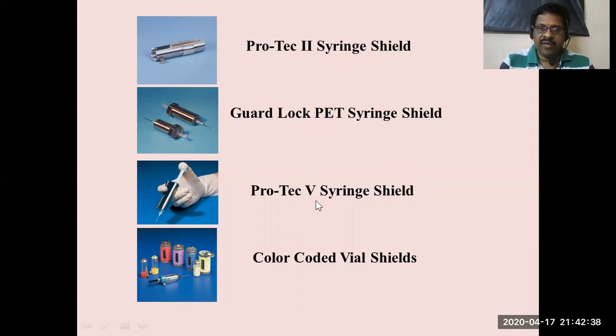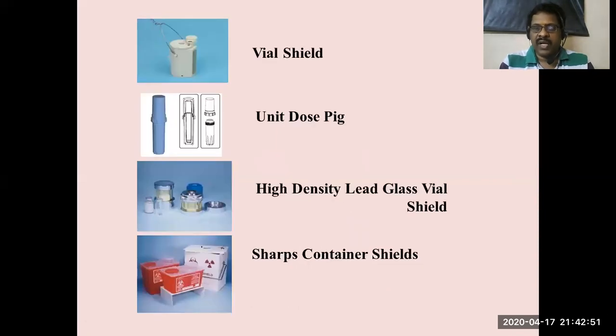And the Protect V syringe shield, this will be like this. Color coded vial shields. The vial will be kept inside the shield, so that the color coding will serve for identification purposes. We can use that. Vial shield, this is a vial shield.